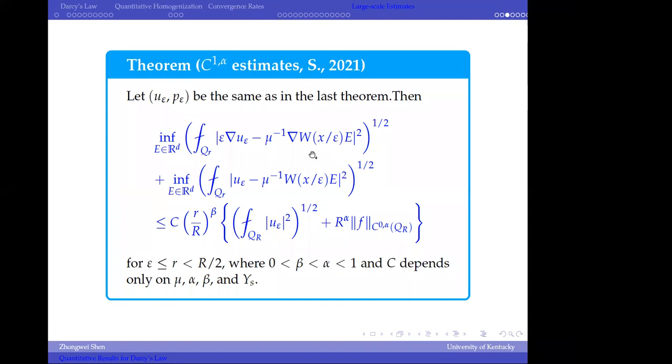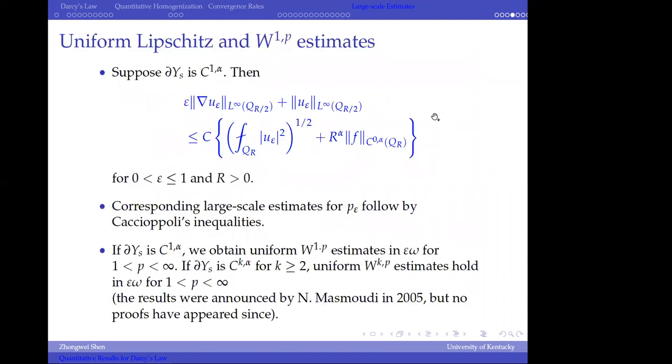So this estimate is true as long as you don't need much regularity for the boundary of the obstacle. But if you do have some regularity for the boundary of the obstacle, let's say C1 alpha, then you can combine the large-scale estimate with the small-scale or local estimate to obtain a true Lipschitz estimate.